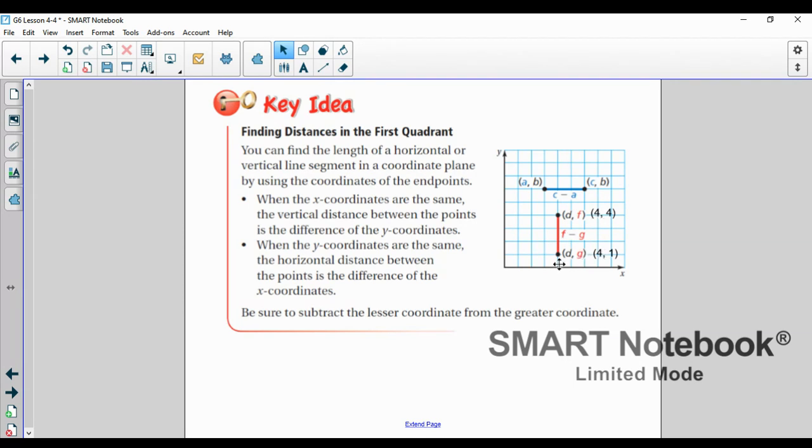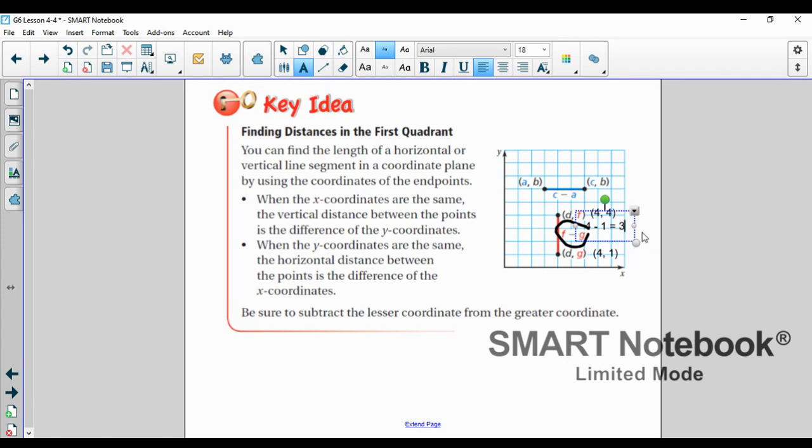Notice they're both 4. If you count how long it is, you would count 1, 2, 3 units. So what they're saying is this f minus g just means if I subtract these two, I get 4 minus 1, which equals 3.